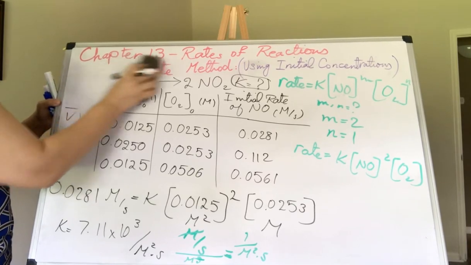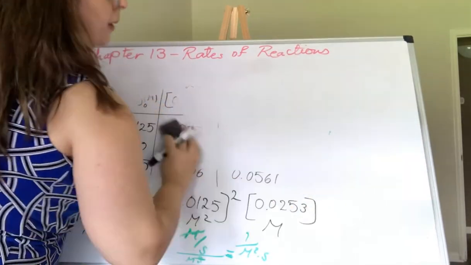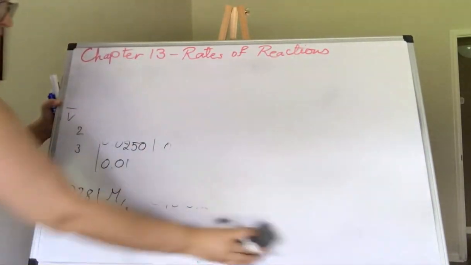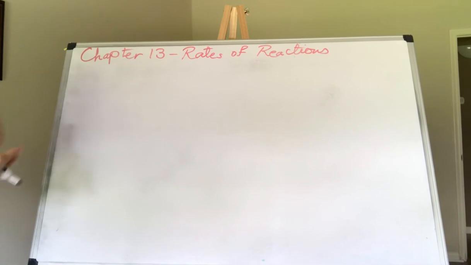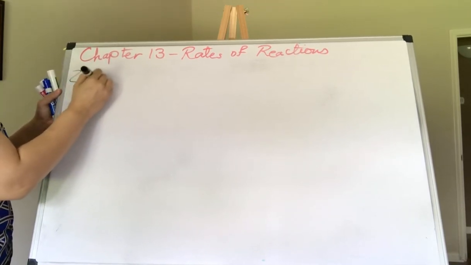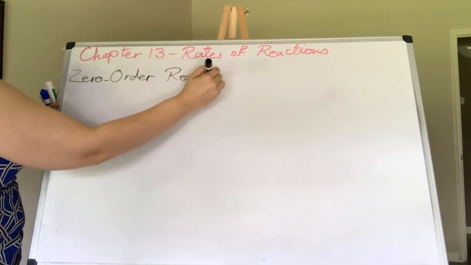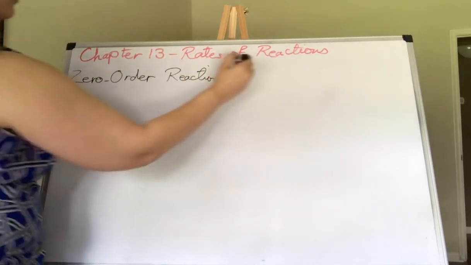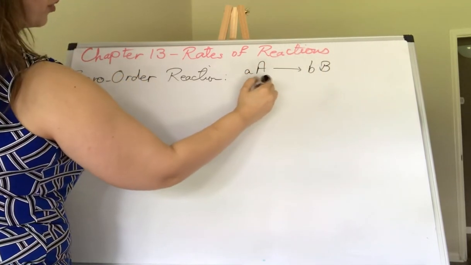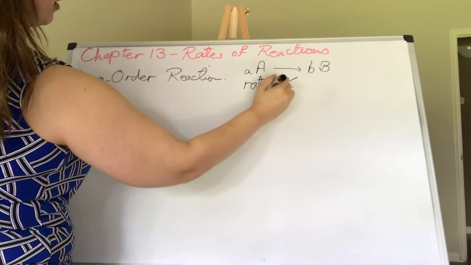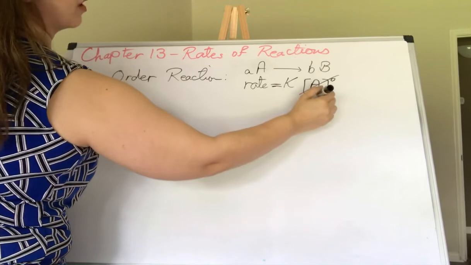One more thing I would like to mention here is for a zeroth order reaction. When you have a zeroth order reaction, if you have A changing to B, the rate law is just K. Means, you remember, when A is to the power of 0, it becomes 1, right?